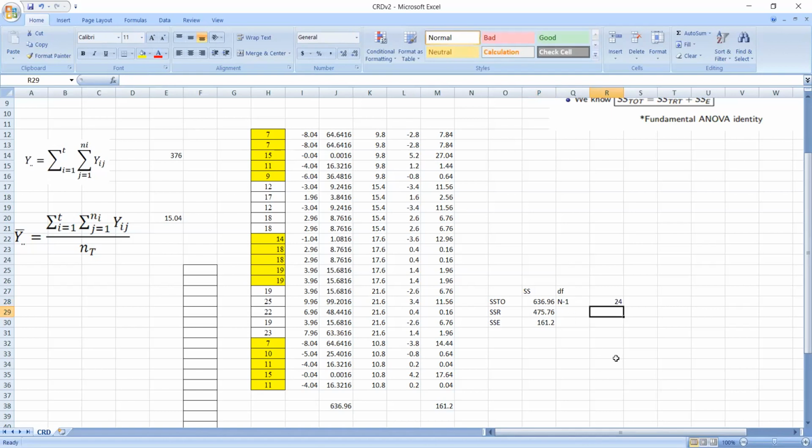And then when it comes to the regression sum of squares, that is under treatment, that is equal to k minus 1, where k is the number of treatments you have. In this particular one, you have 5 treatments, so that is 5 minus 1.